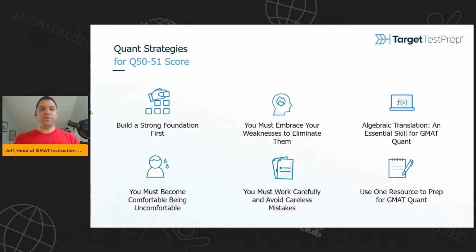And this kind of bleeds into you must become comfortable being uncomfortable. It's the same thing. The GMAT studying is not always going to be a cakewalk. So you've got to understand that it's going to be an uncomfortable process. And at first, it's going to be really overwhelming. I don't care what your starting point is, it's an overwhelming thing to do, especially because you're usually layering it on top of other important things that you have going on in your life.